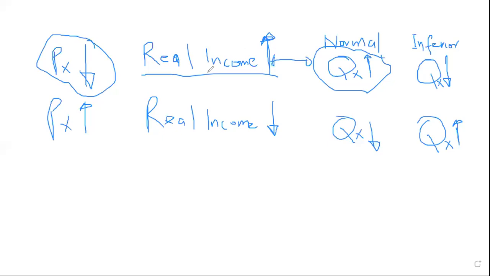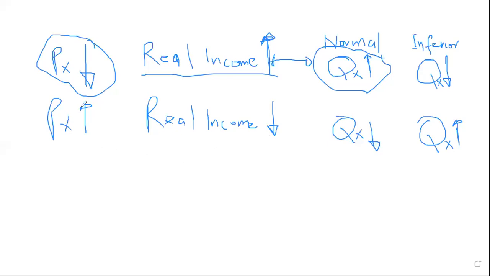If you are analyzing it from the real income perspective, then you will say income effect here is positive because real income goes up, quantity goes up because the good is a normal good. And then you can also say that for inferior goods, the income effect is negative because real income goes up, this one comes down. That gives us a negative relationship.